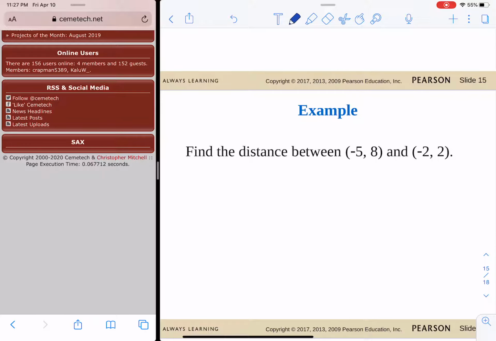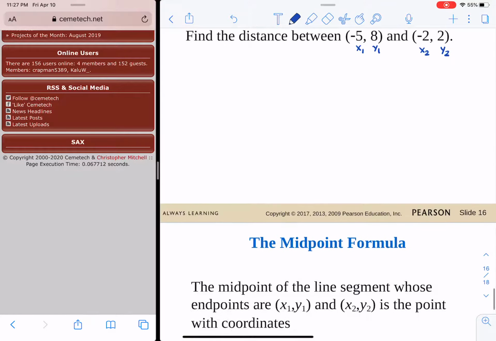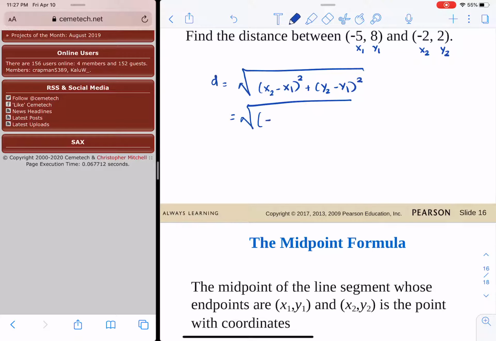So we have our first coordinate in this example, which is x1, y1. The second coordinate is x2, y2. So the distance would be the square root of x2 minus x1 squared plus y2 minus y1 squared, which would be equal to the square root of negative 2 minus negative 5, plus y2 is 2, y1 is 8.